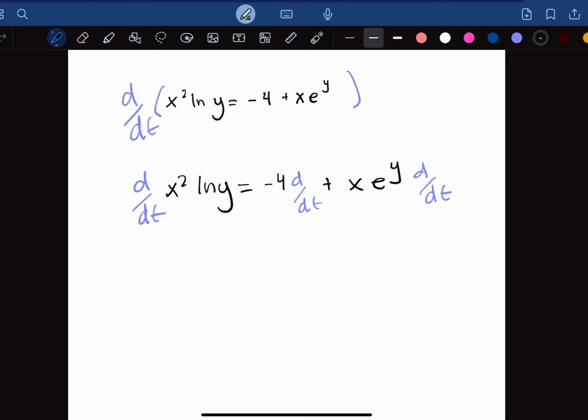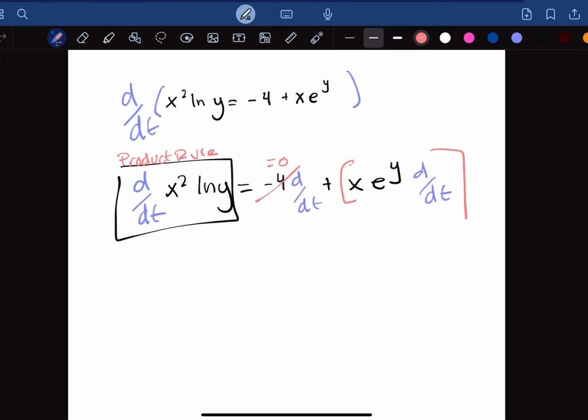For this side, we're going to have a product rule that we're going to have to work with, so I'm going to write product rule here. The derivative of a constant just goes to 0, so that becomes 0. And then over here, we are also going to have to use the product rule. So let's take the derivative of this left side.